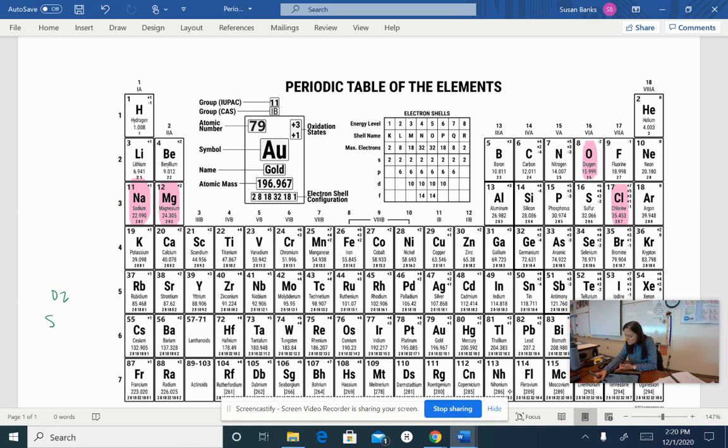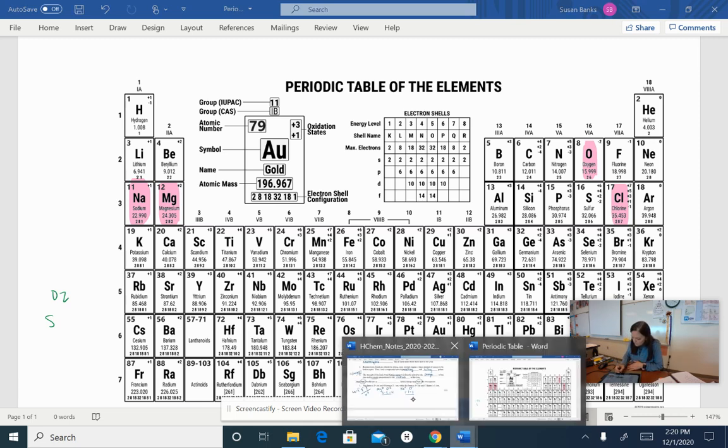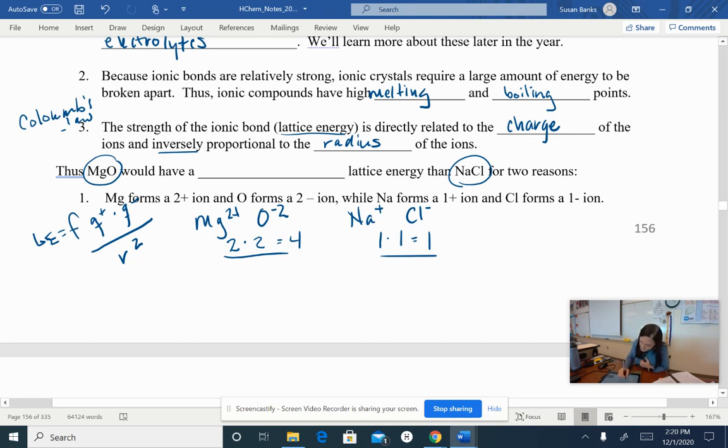Chlorine has a whole other layer of electrons on the outside because it's in the period below. So on both of those, magnesium oxide will have a smaller radius, and sodium chloride a larger radius. If I divide by a larger number, this number is going to be smaller, and if I divide by a smaller number, this number is going to be larger.